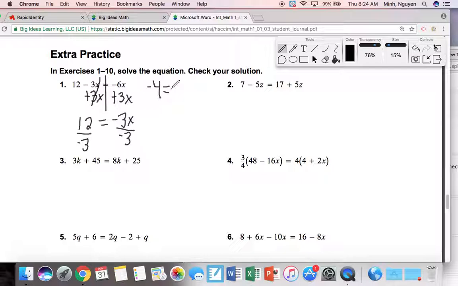So -4 equals x. If we plug it back in, we get negative 6 times negative 4, which is positive 24. And we get 3 times negative 4 is negative 12, so we get 12 minus negative 12, which is positive 24. Again, if you want to verify, you're welcome to use a calculator. You're always welcome to use a calculator.